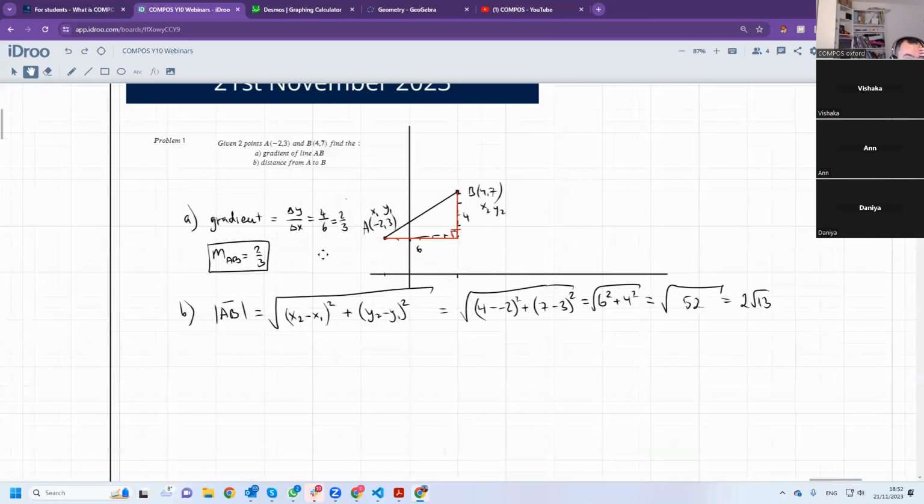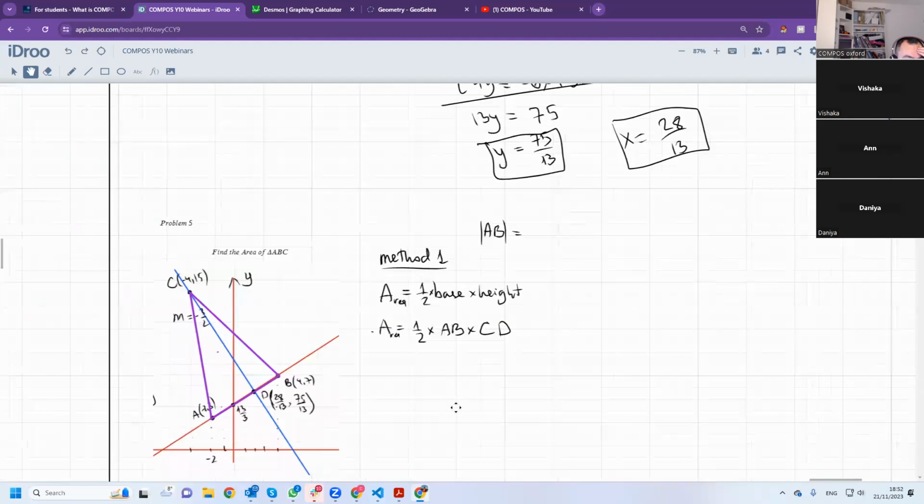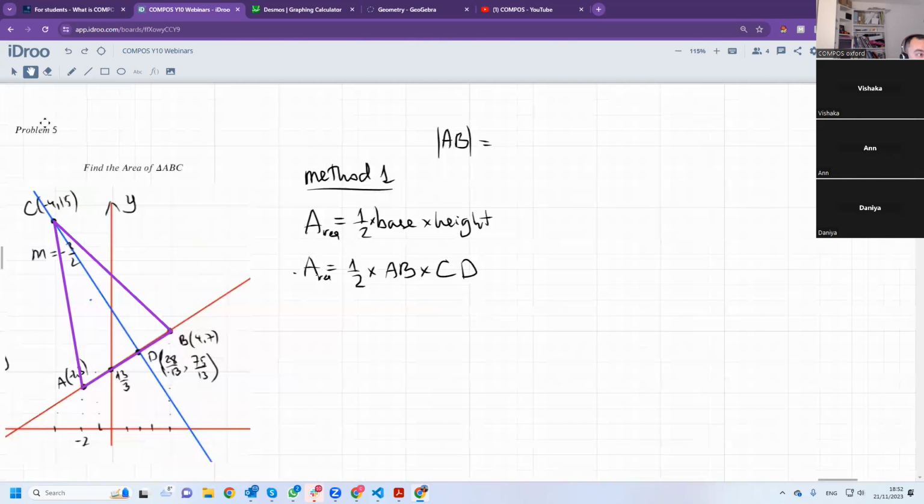Yes, AB is 2 root 13. And CD is the height, because it's a right angle. So CD is the height of the triangle, and this is equal to 40 divided by root 13.